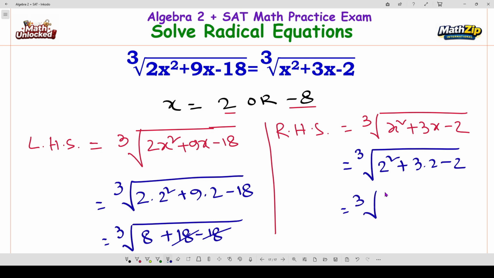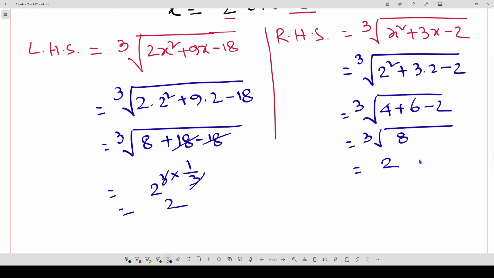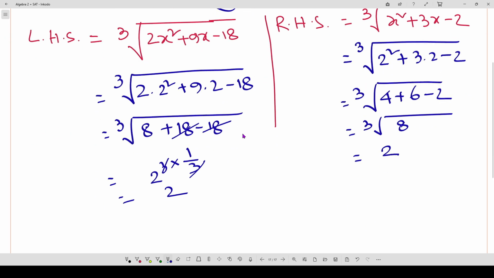So 2² means 4, plus 3 times 2 is 6, minus 2. 4 plus 6 is 10, 10 minus 2 is 8, and finally the cubic root of 8 is 2. So our first part, x equals 2, is perfect.